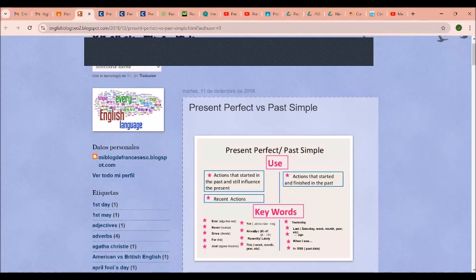So you'll use words like yesterday and last night for the past simple, but for the present perfect, you'll use words like ever or for or since, already, and yet, right? These words will help you to express the idea of it being related to your present.